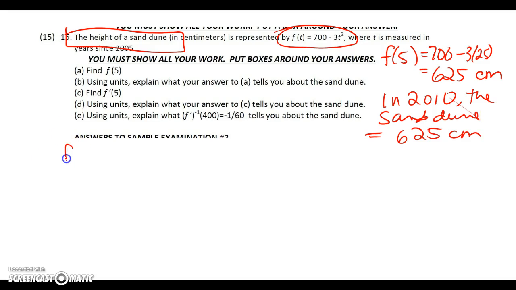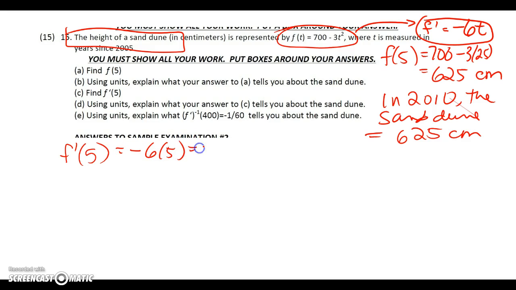All right, let's find f prime of 5. So f prime of this, if you come up here, f prime equals 700, it's going to be minus 6t. So f prime of 5 is minus 6 times 5 equals negative 30. What does that mean?